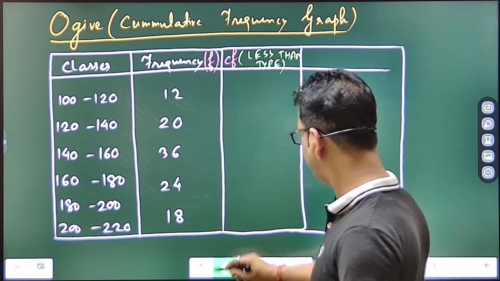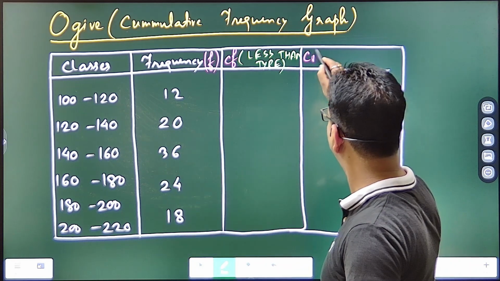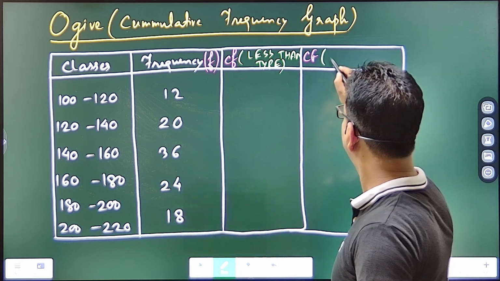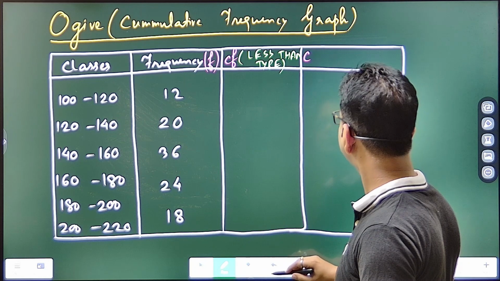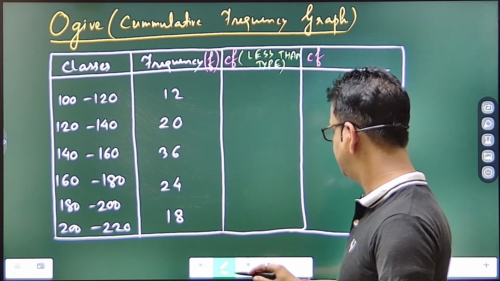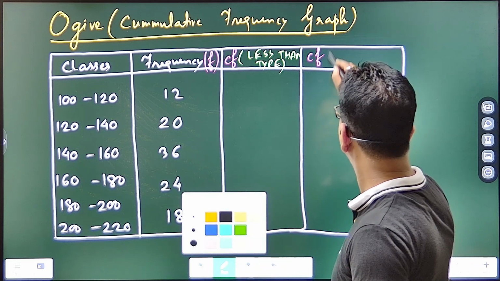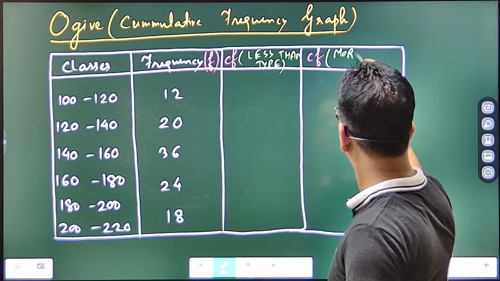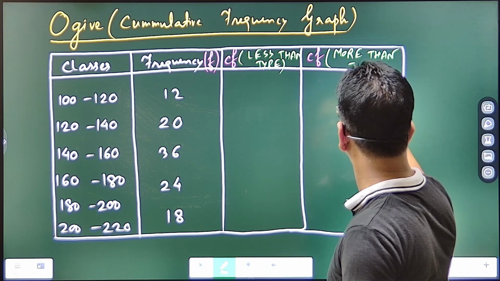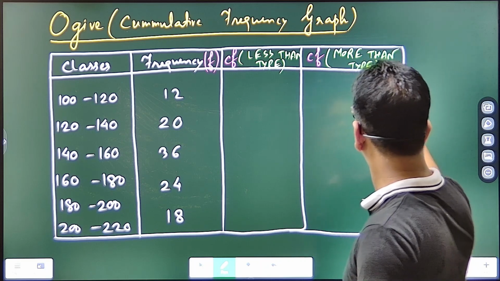Once again we will do CF one more time, and this CF is called more than type. I am explaining one by one, so you will understand.